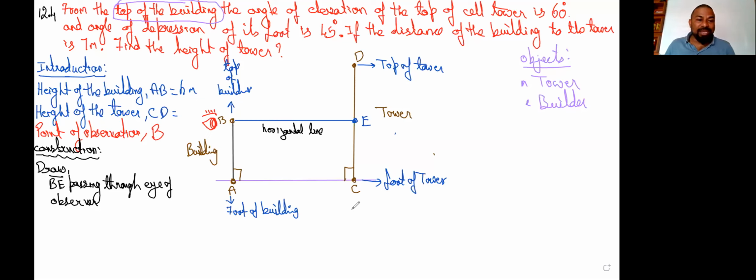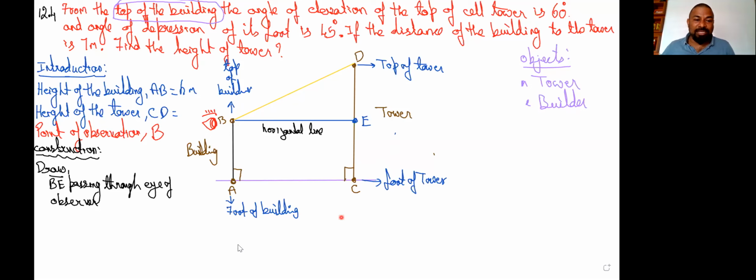Now, what has he given? He has given two angles for us. The first angle, from the point of observation, is the angle of elevation to the top of the tower. If you read out the question, the angle of elevation to the top of the cell tower is 60 degrees.